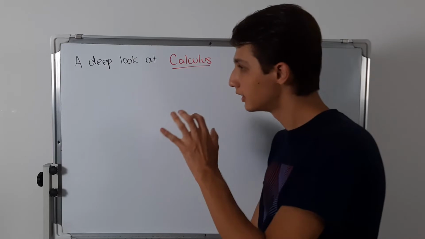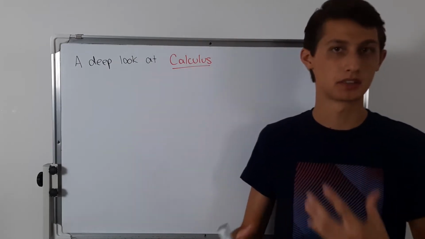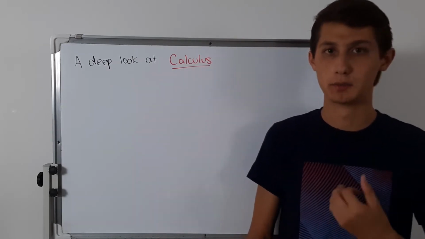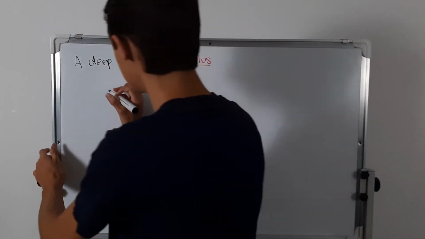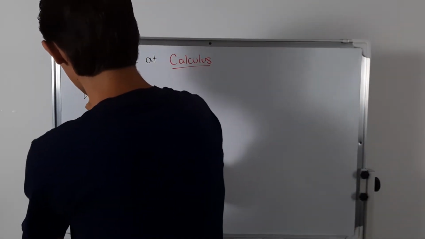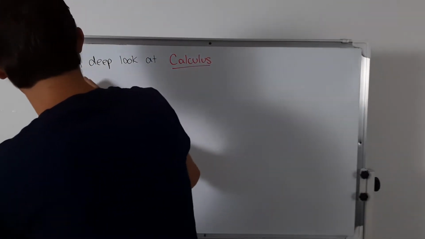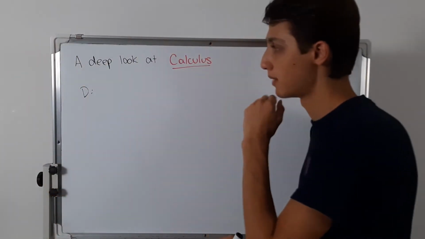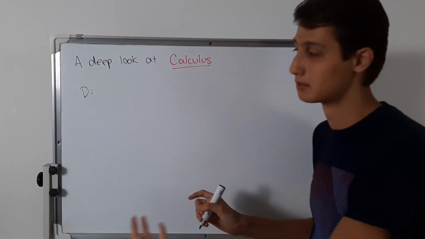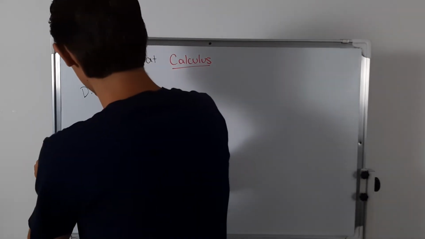So a derivative, let's first think of the mapping. The domain of a derivative, so I'm going to call the derivative d. It maps from, obviously, the set of differentiable functions on a particular interval.